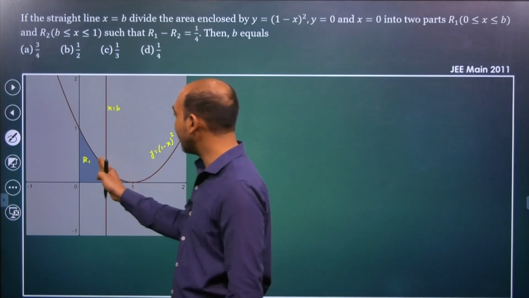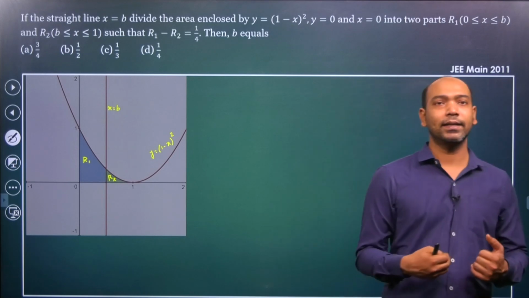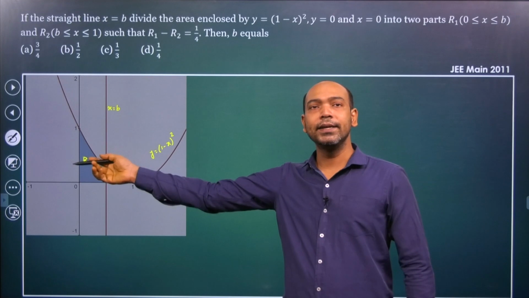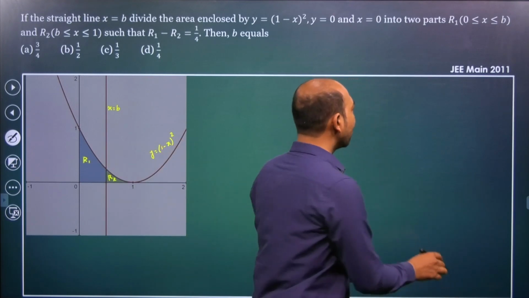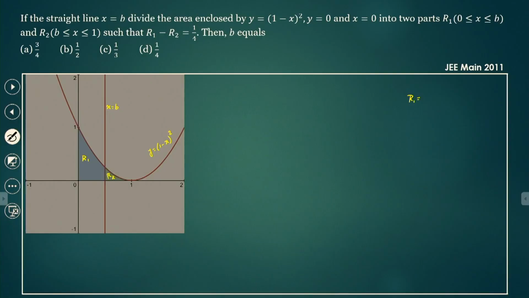So that's it. Now we can easily find out the area R1. What is the area R1? It is bounded by the curve y equal to f(x) and the x-axis between the limits 0 to x equal to b. So therefore, we can easily write down that area R1 is equal to integration of 0 to b of (1 minus x) whole square dx.